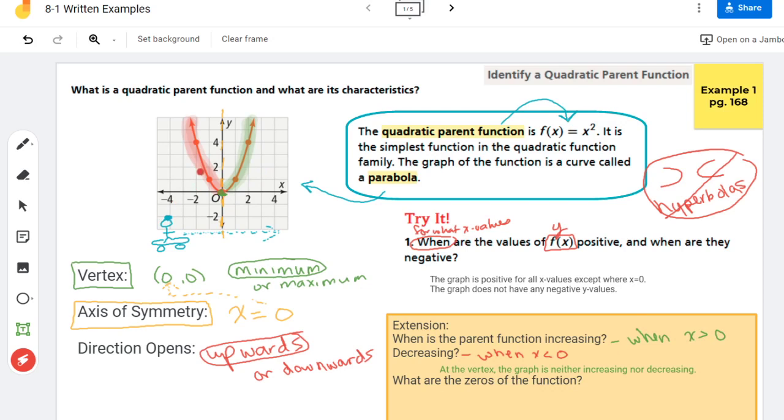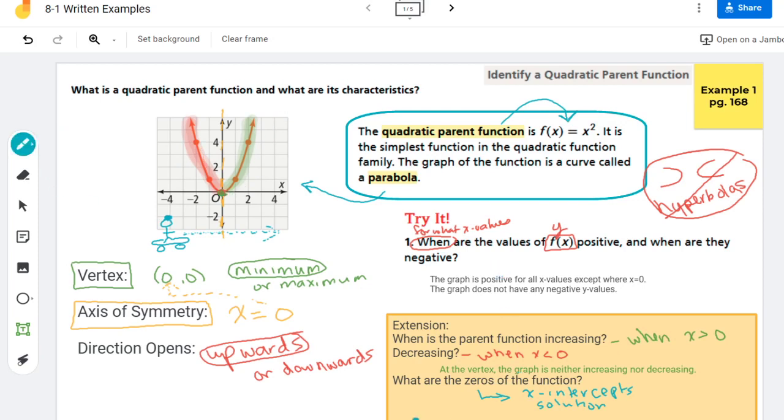Now our last thing that I just want to touch on real fast is the idea of the zeros of a function. The zeros means the x-intercepts, okay, where it crosses the x-axis. Another word is the solution. So on this one, our parabola comes down and touches the axis at the vertex and then turns away.